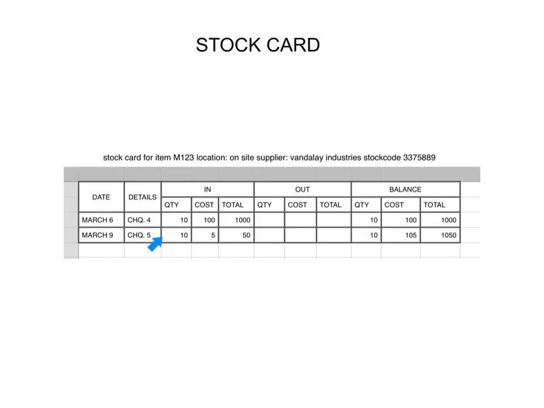Because we can directly attribute it to the stock item, we are treating it as a product cost. It goes into the in column in our stock card. So we have a new cost price value of our stock item. Each one has been attributed with the $5, so therefore our new cost price is $105.